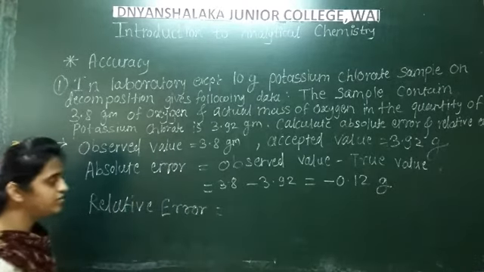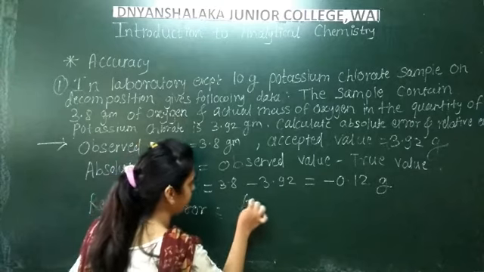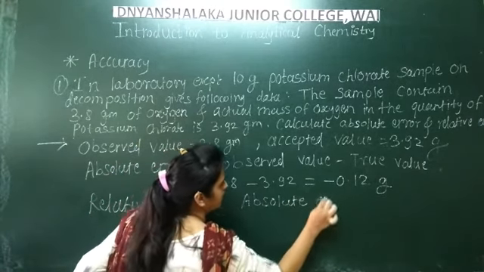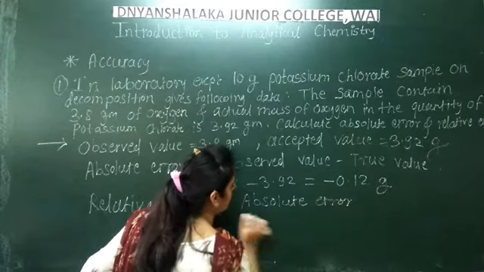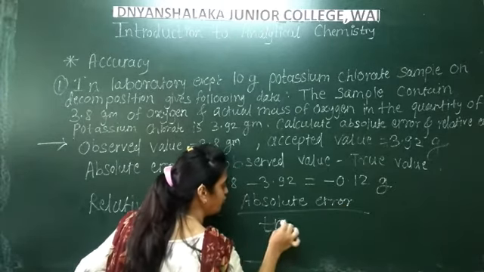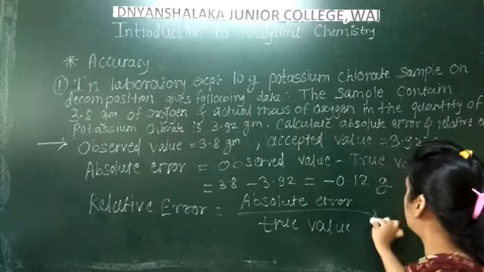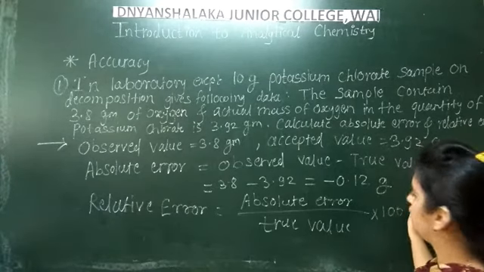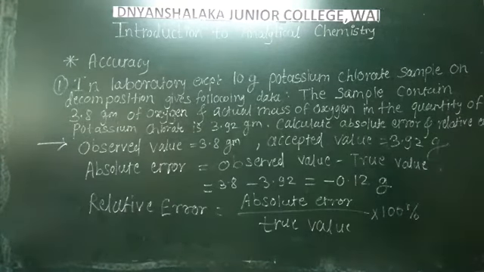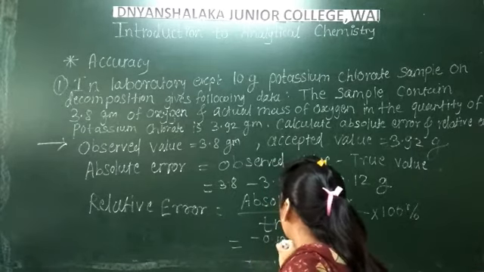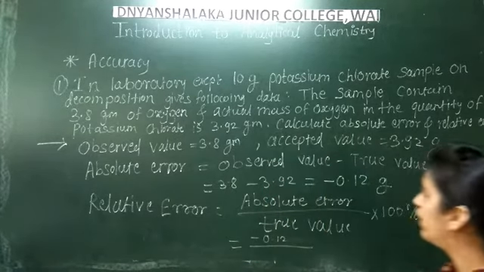So relative error is equal to absolute error upon true value into 100%. So absolute error is minus 0.12 gram upon true value.